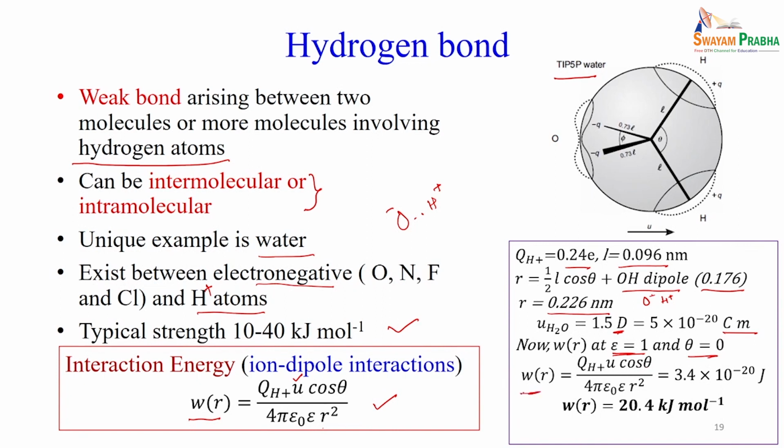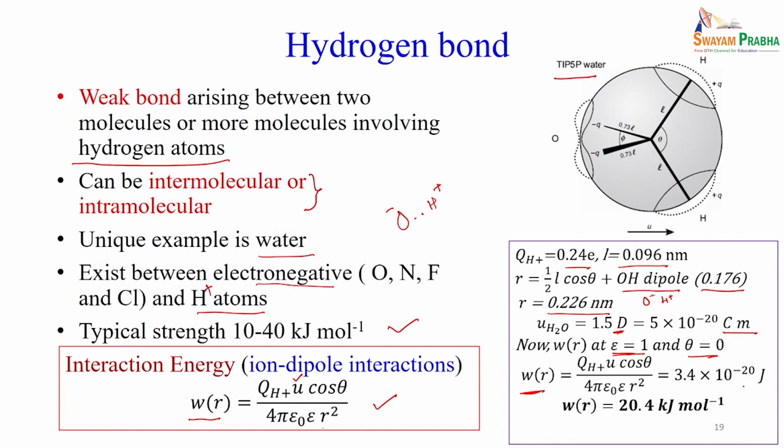So if you calculate the interaction potential or interaction energy in the water molecule, it is Q H 0.24 electron, mu 5 into 10 to the power minus 20, cos theta with theta equal to 0, over 4 pi epsilon naught, epsilon we are taking 1 in vacuum, and R we have calculated as 0.226 nanometer. So it is coming out to be 3.4 into 10 to the power minus 20 joule.